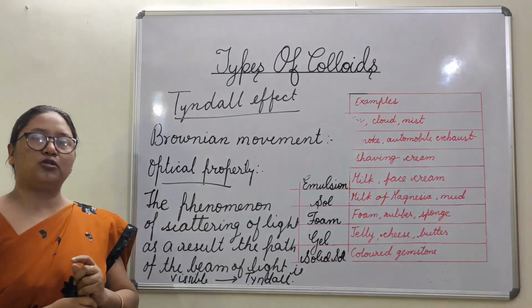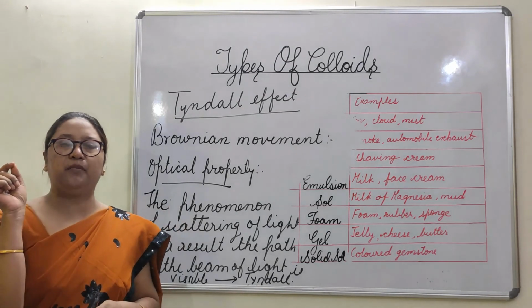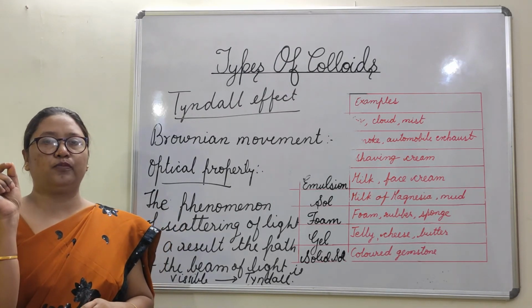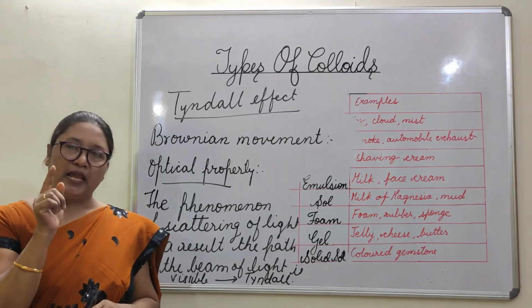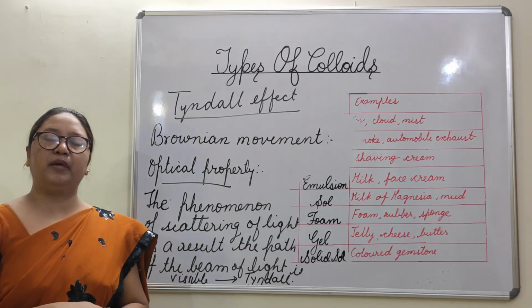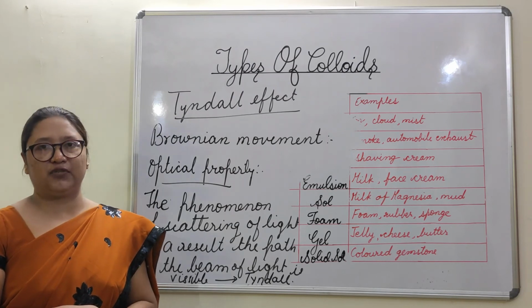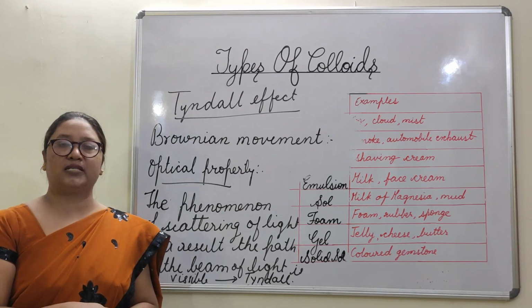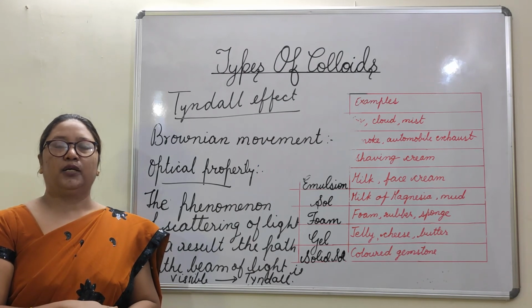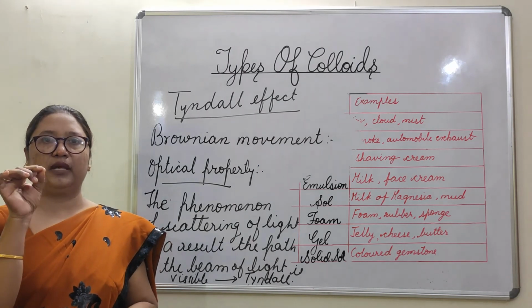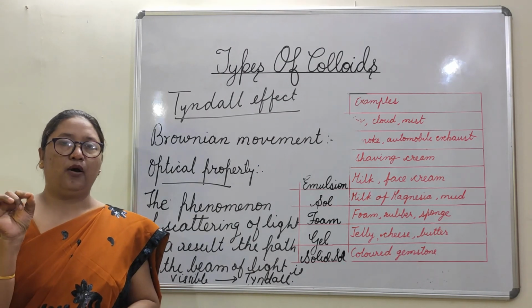Tyndall effect is also observed when a fine beam of light enters a room through a small hole. It is also observed when a beam of light passes through the canopy of a dense forest. This is due to the scattering of light by the colloidal particles of mist.